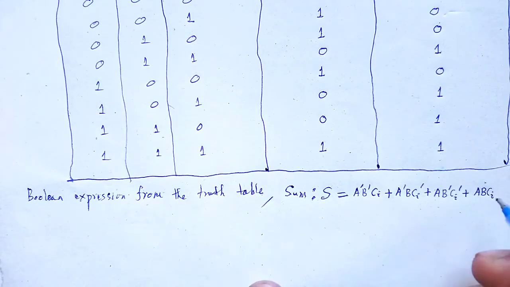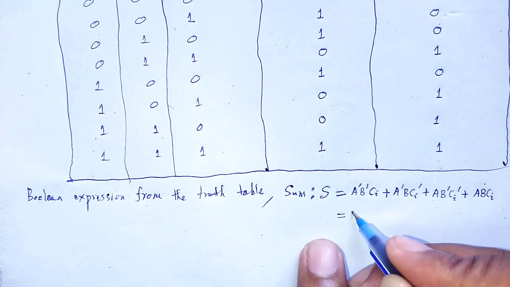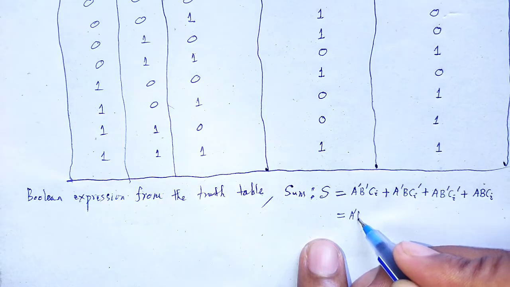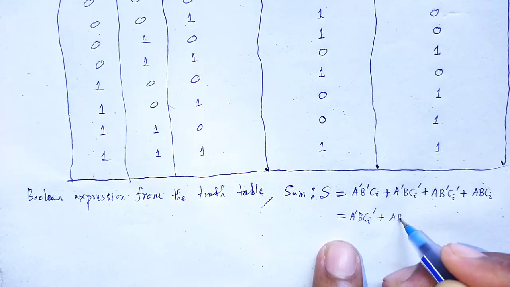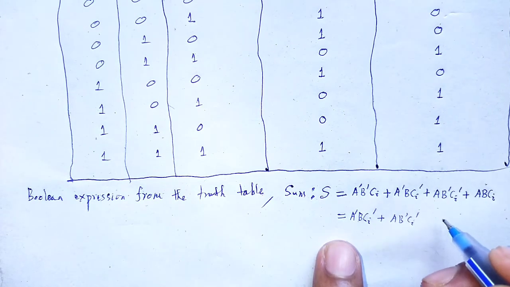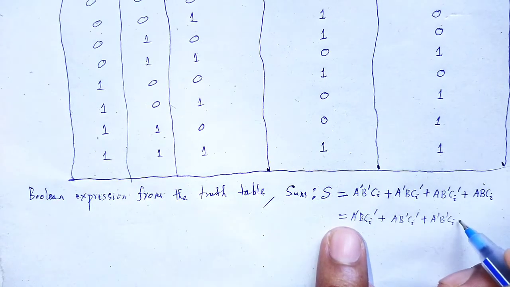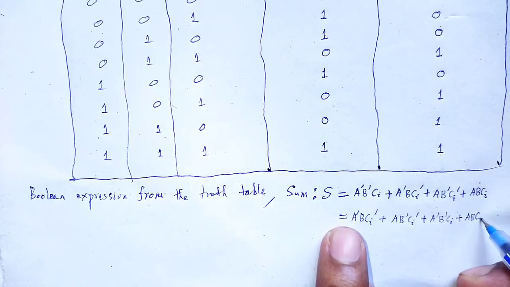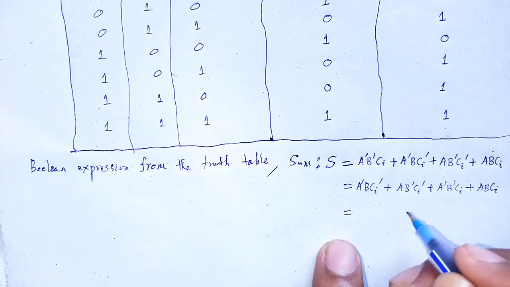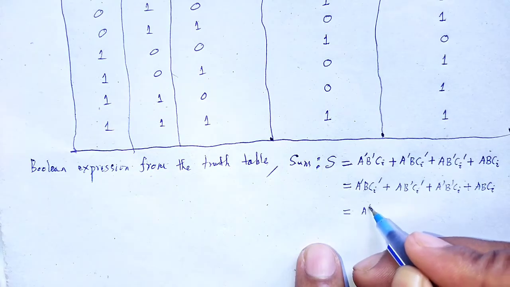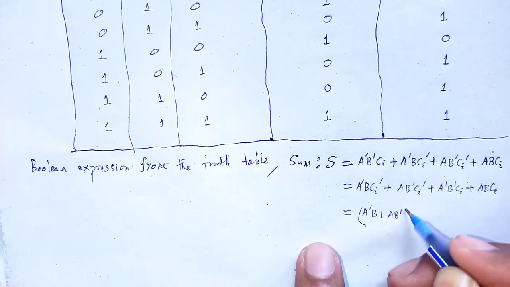Now I solve the Boolean expression by rearranging the terms: A prime B Ci prime plus A B prime Ci prime, plus another 2 as A prime B prime Ci plus A B Ci, is equal to, taking Ci prime common, inside that bracket we have A prime B plus A B prime.